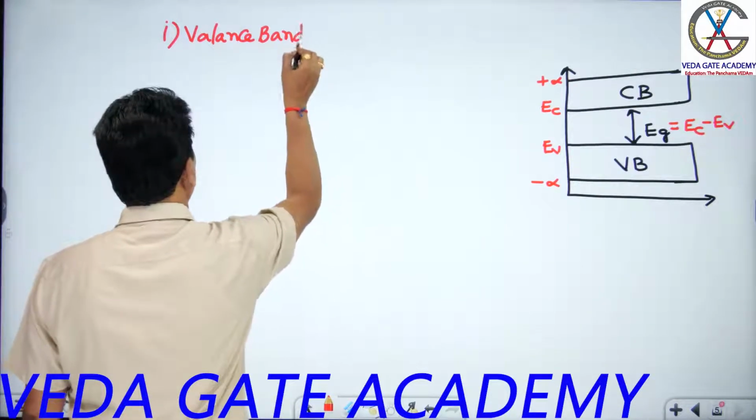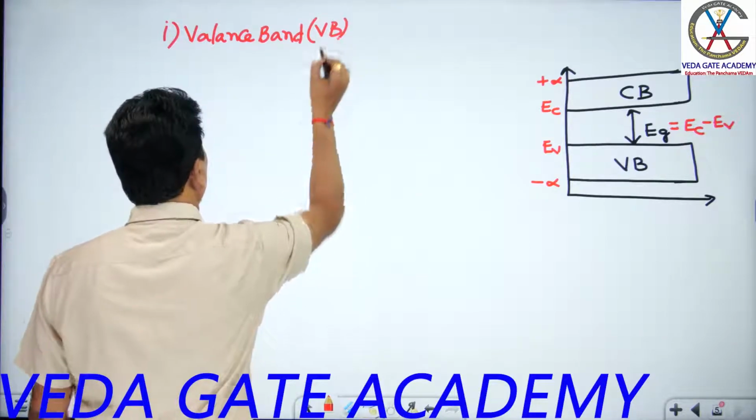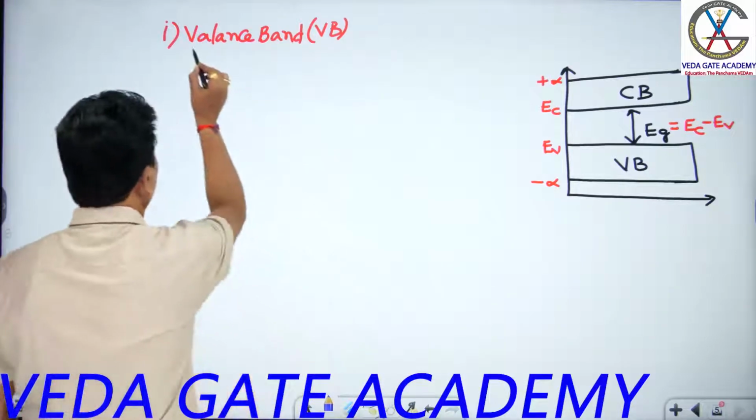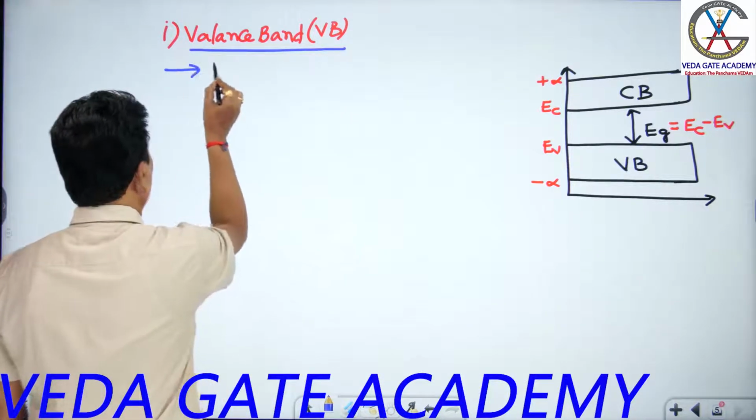Valence band, now I am saying. So what is this valence band, sir? It is the range of energies considered by what? Valence electrons, I told students.